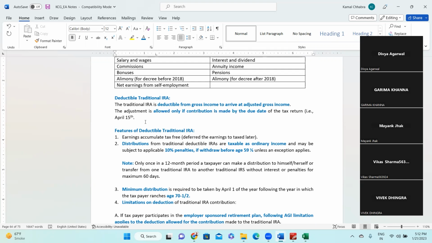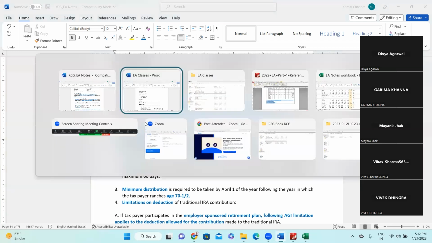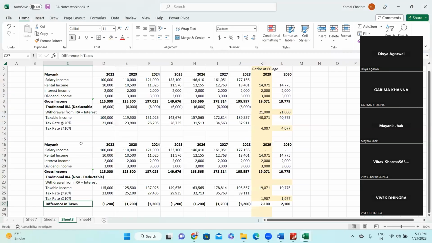Second is distributions from traditional deductible IRA are taxable as ordinary income. So in future, when you are withdrawing from the IRA, this 21,000 in our example is taxable at the ordinary tax rate, not as a capital gain or gambling income, which is a very high rate, right?